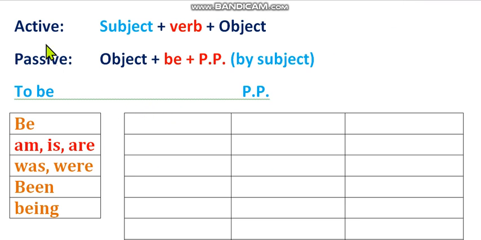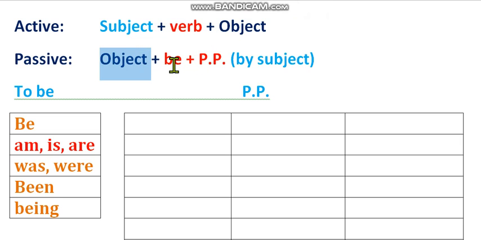To change from the active into the passive, the structure is as we can see. The active sentence starts with the subject, verb, then the object. The passive starts with the object, which was after the verb. Now we start the sentence with that object. Then we have two things.